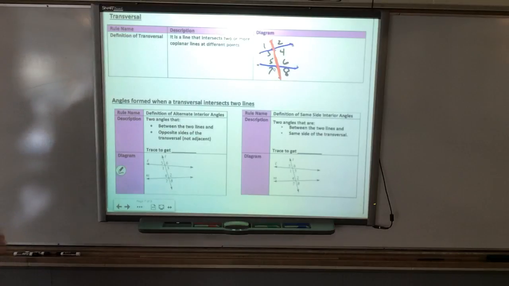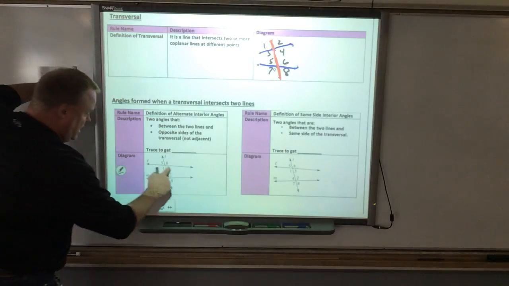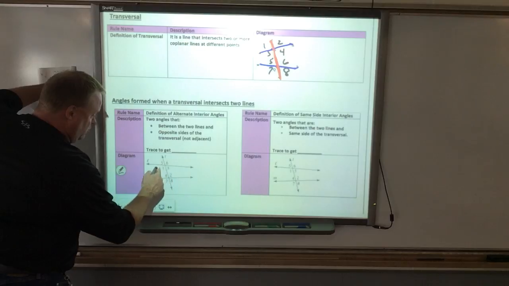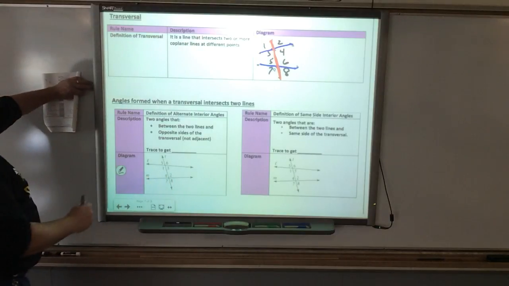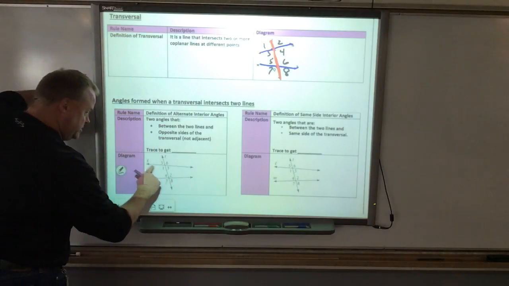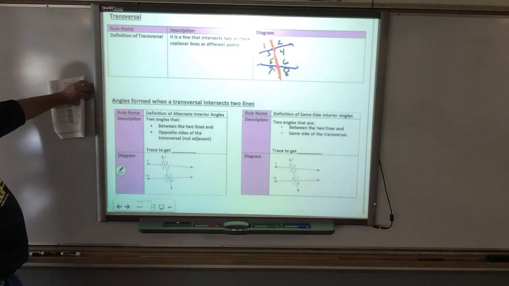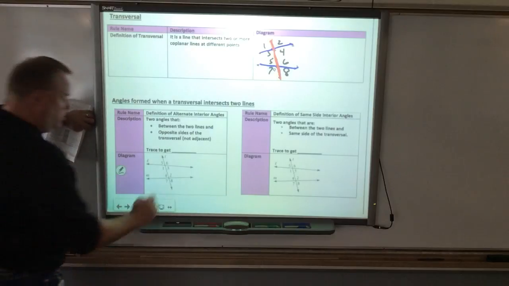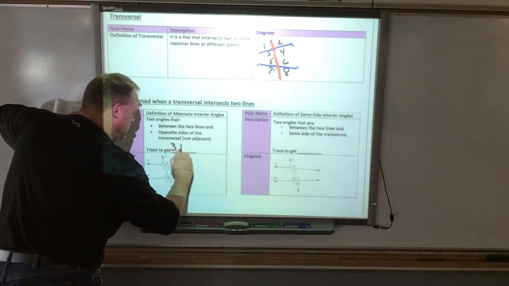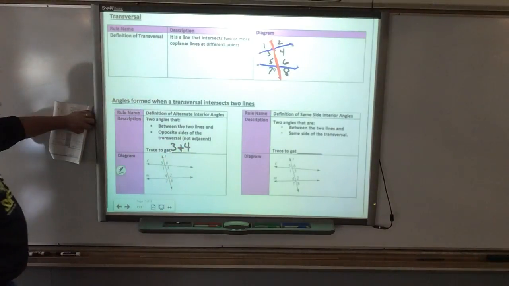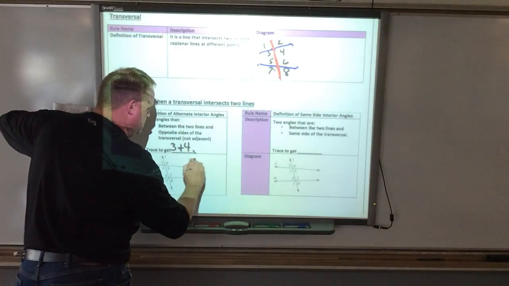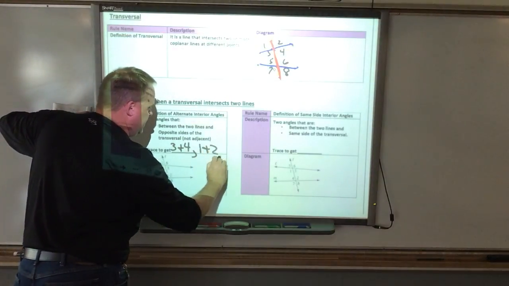So they have to be one on this side, one on the other, and they have to be between the 2 lines, this line and this line. Well, when I look at this, my alternate interior angles are going to be 3 and 4, and 1 and 2.